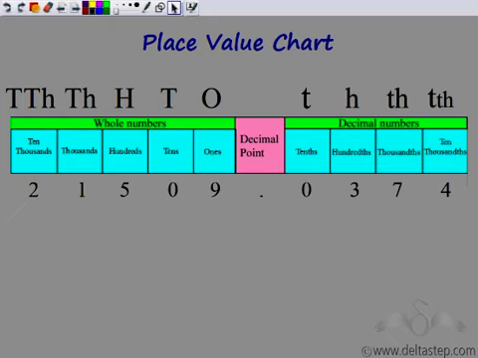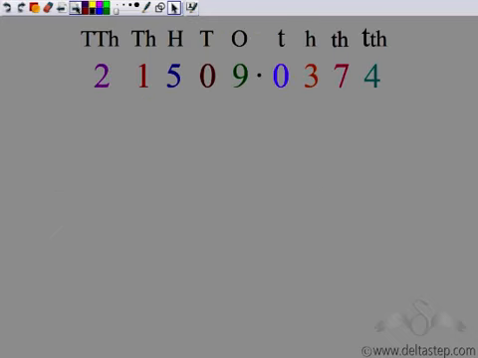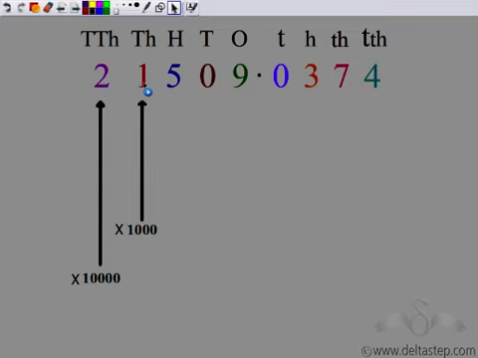Now, let's look at this same number with its column multipliers. So, 2 is in the column of 10,000s, so the column multiplier for 2 is 10,000. 1 is in thousands, so the column multiplier for 1 is 1,000. 5 is in the hundreds column, so 5 would be multiplied by 100. 0 is in the tens, so multiplied by 10. 9 is in the ones column, so it has to be multiplied by 1.